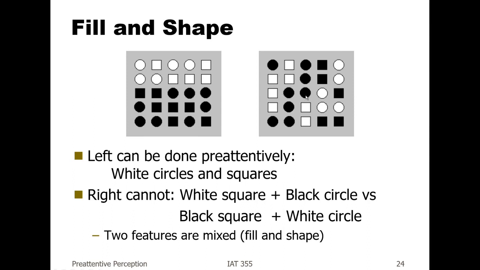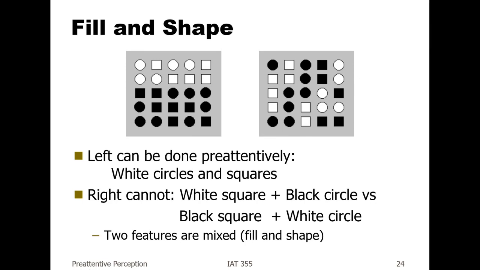On the right, it's a lot more difficult because we have white squares and black circles, right? White squares here and here, and black circles in the rest. And to the right of this vertical boundary, there's black squares and white circles. But because we're mixing shape and color to be representatives of the stuff on the left and the stuff on the right, you have to involve your conscious mind.